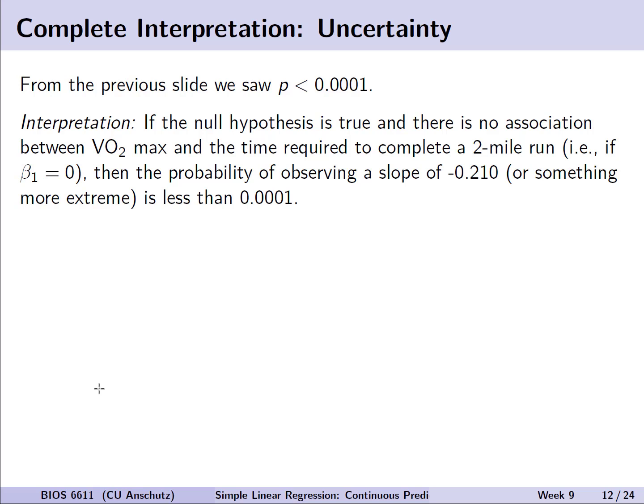Our interpretation then of this value, thinking back to our null hypothesis testing framework and how that came about from Fisher, Neyman, and Pearson, is that if the null hypothesis is true, and there is no association between VO2 max and the time required to complete a 2-mile run, in other words, if the slope truly is 0, then the probability of observing a slope of negative 0.210 or something more extreme is less than 0.0001. In other words, very unlikely if the null hypothesis is true, given the data we've observed and collected in this study.